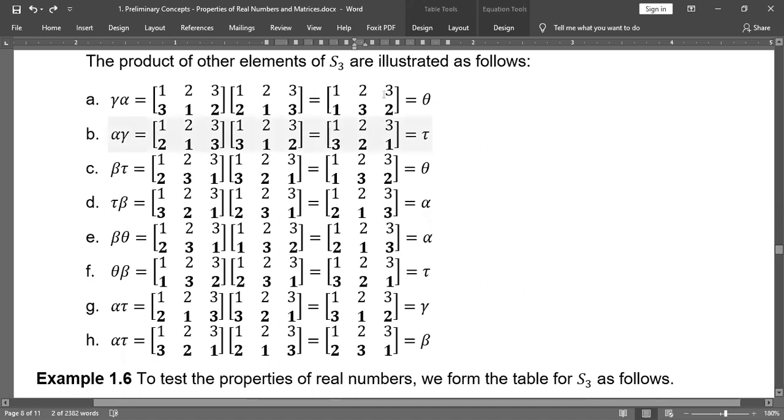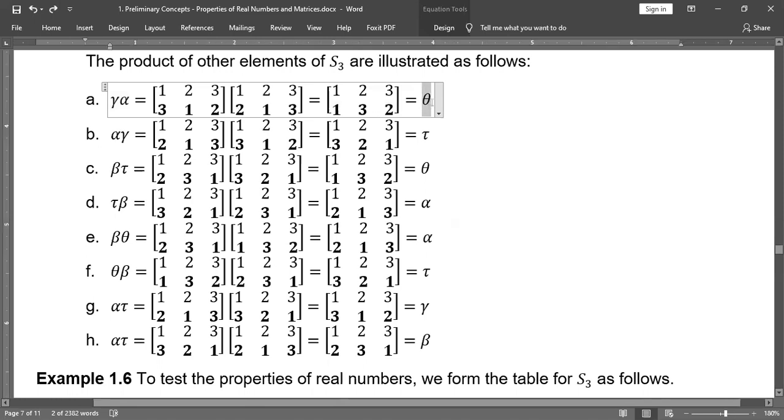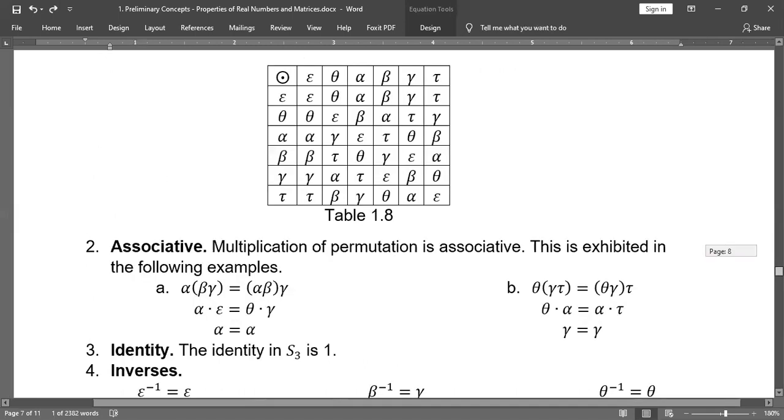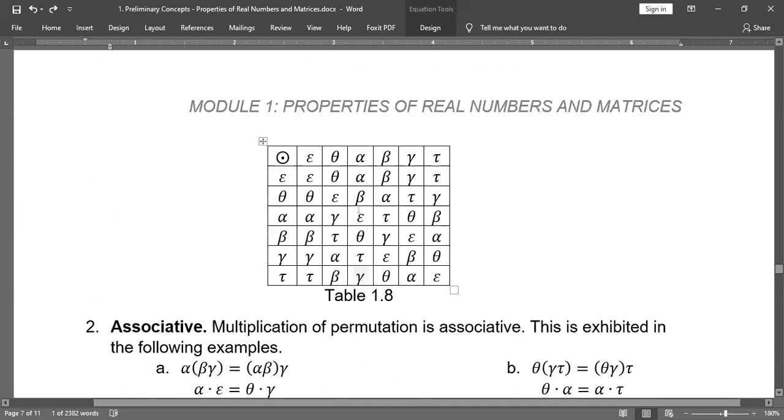Gamma times alpha. Bakit theta siya? Wait lang. Okay, theta ito. Ay, mali. Gamma times alpha. Ayun, tama.